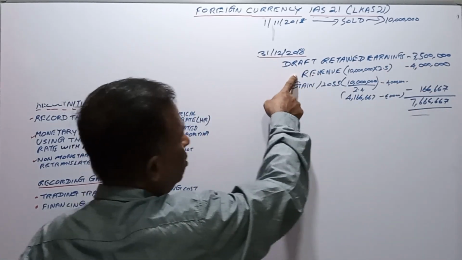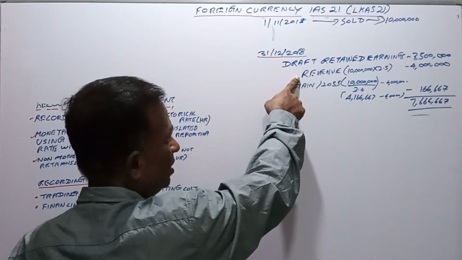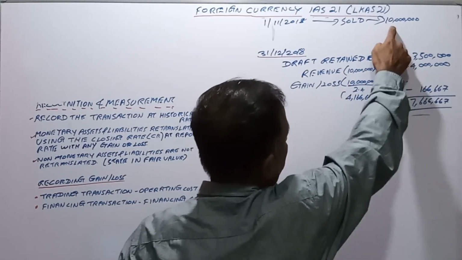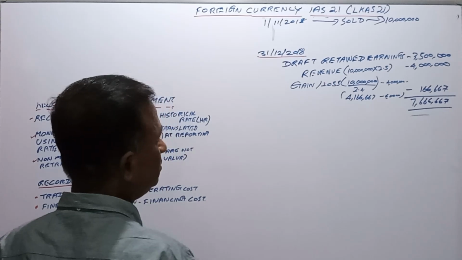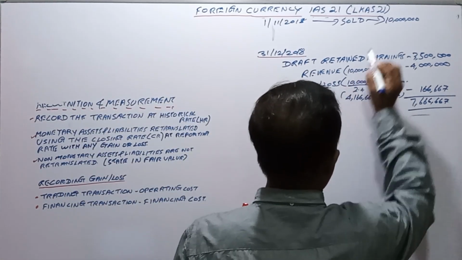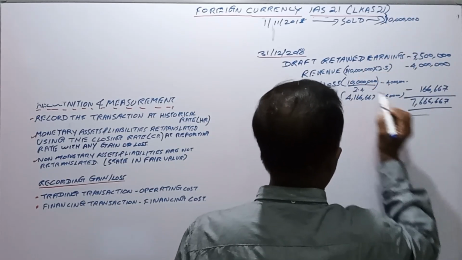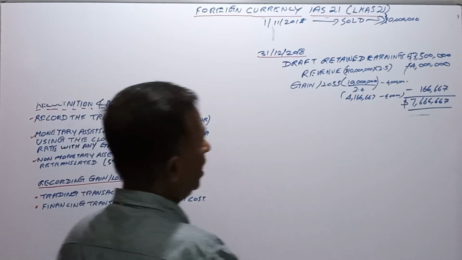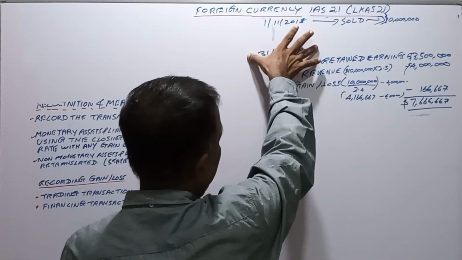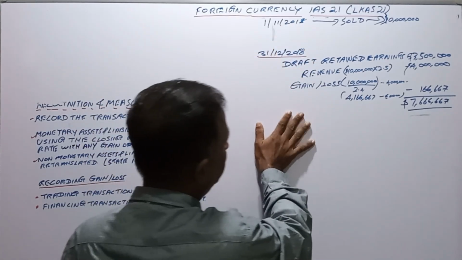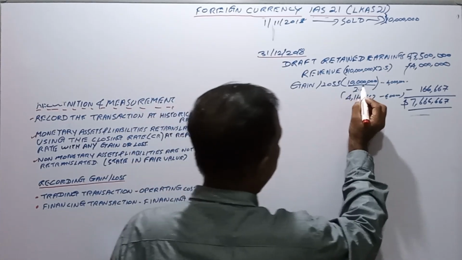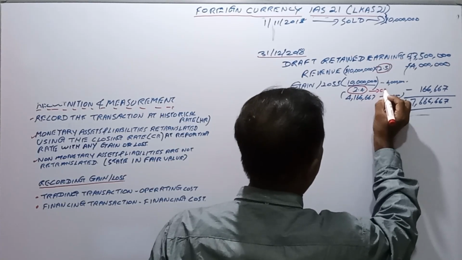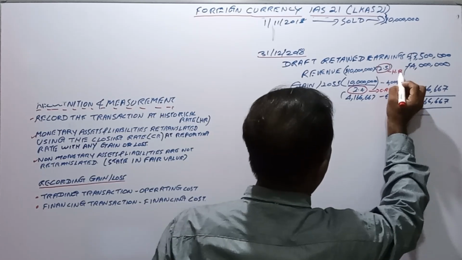So we pass the entry at the spot rate, the historical rate, on the date the sale takes place: 10 million divided by 2.5 is 4 million dollars revenue. At the closing date we apply the closing rate of 2.4, while 2.5 is called the historical rate.